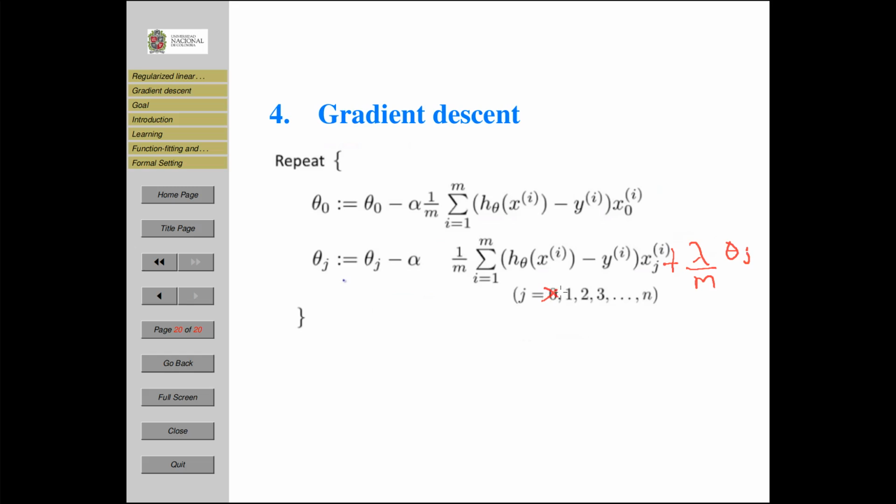This equation is not for j equals 0. For j equals 0 it is this one, and we don't apply regularization here.